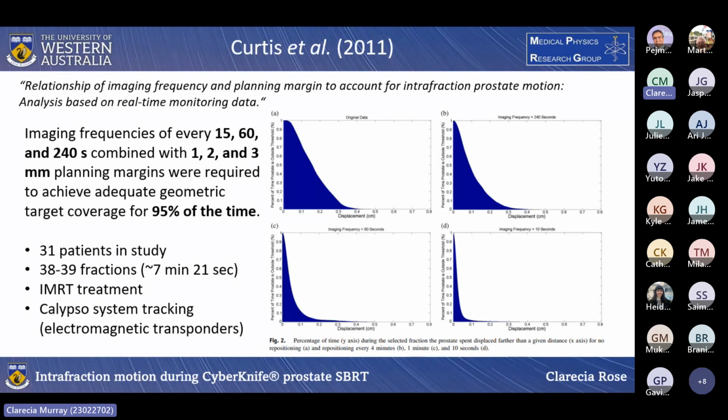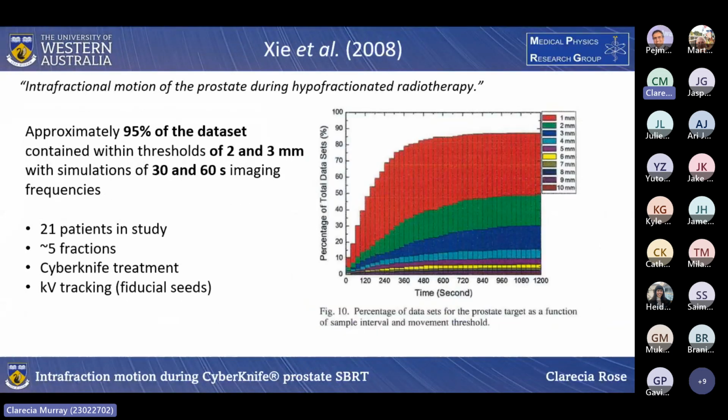And this was used with conventional radiotherapy, fairly short treatment deliveries, and the Calypso tracking system, which is different to what we use, using electromagnetic transponders. The second is Shi et al.